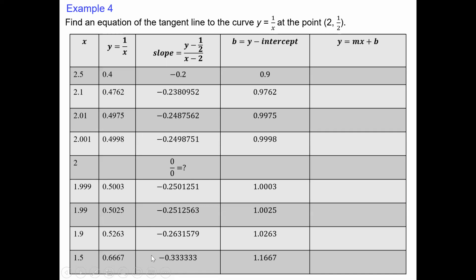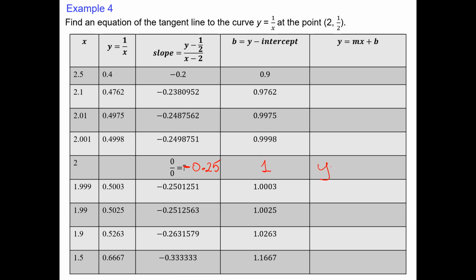That's the slope of the secant line between 1.5 and 2. Definitely we can say negative a quarter. And I would say this is a good estimation. And the y-intercept is definitely approaching 1.